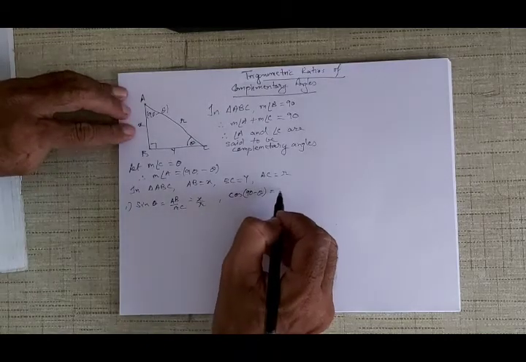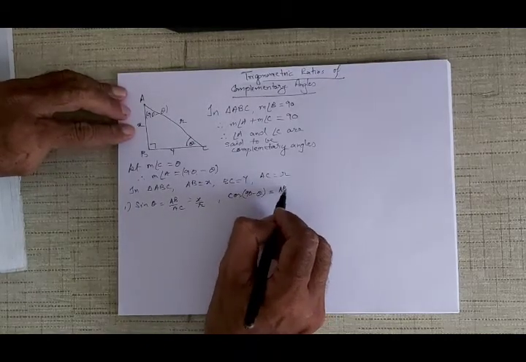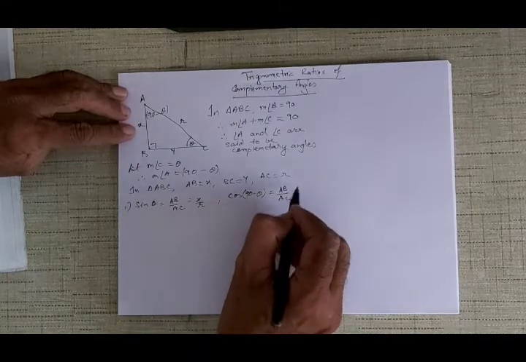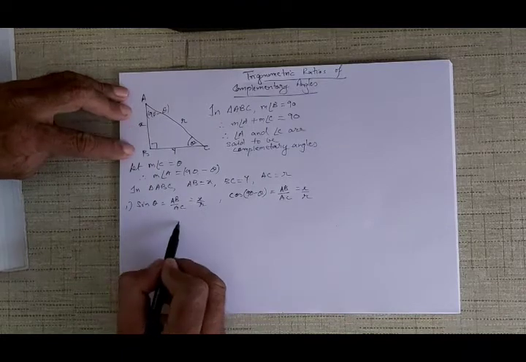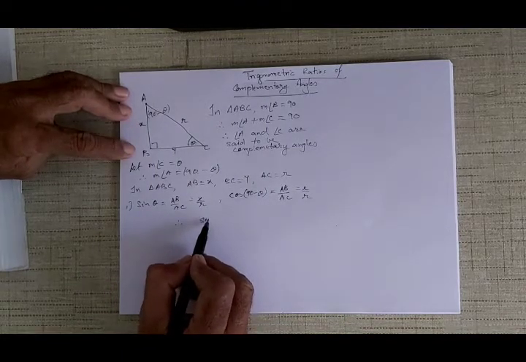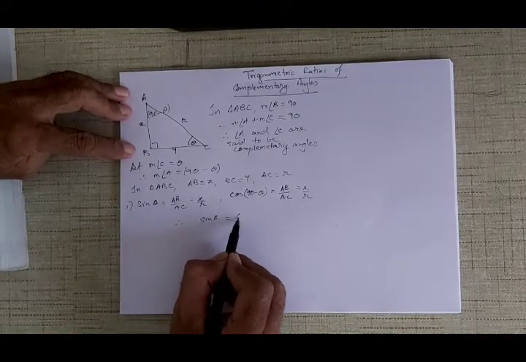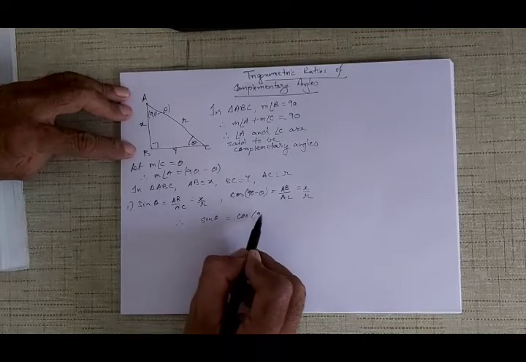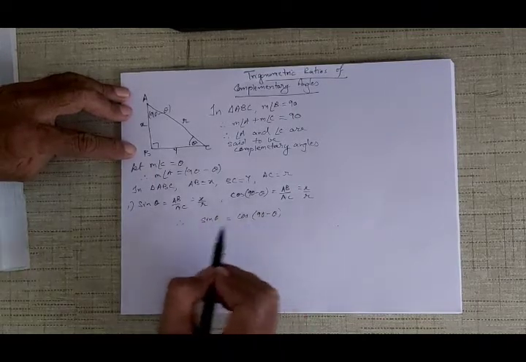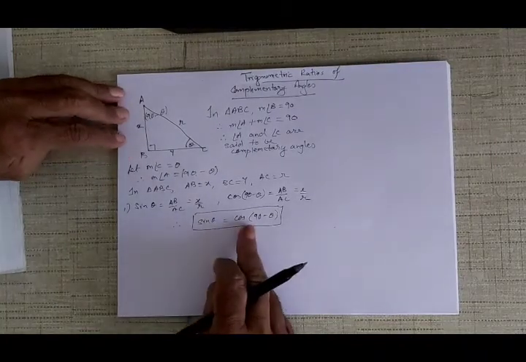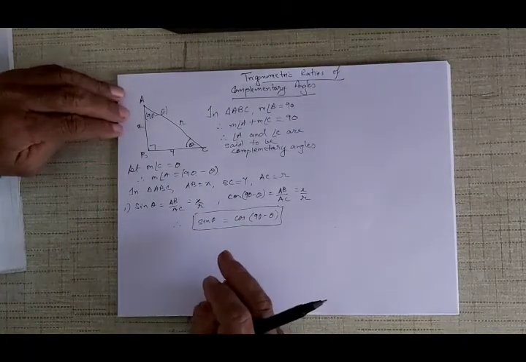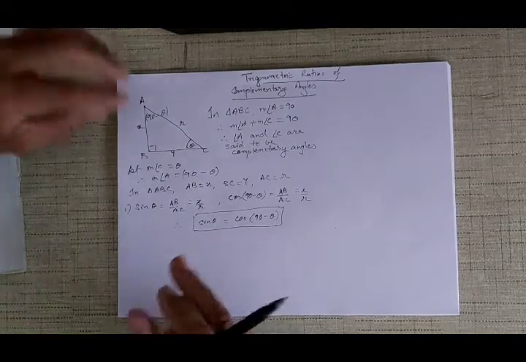It will be adjacent side upon hypotenuse, AB upon AC, that is also equal to x upon r. So you can see therefore sine theta is equal to cos of 90 minus theta. It means sine and cos are complementary pair of angles.